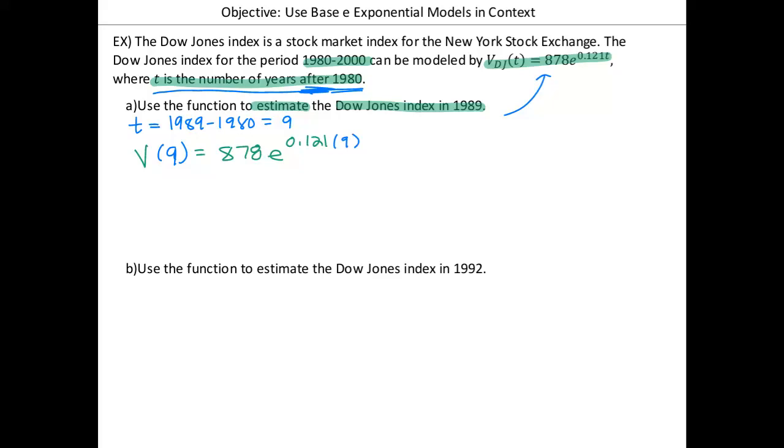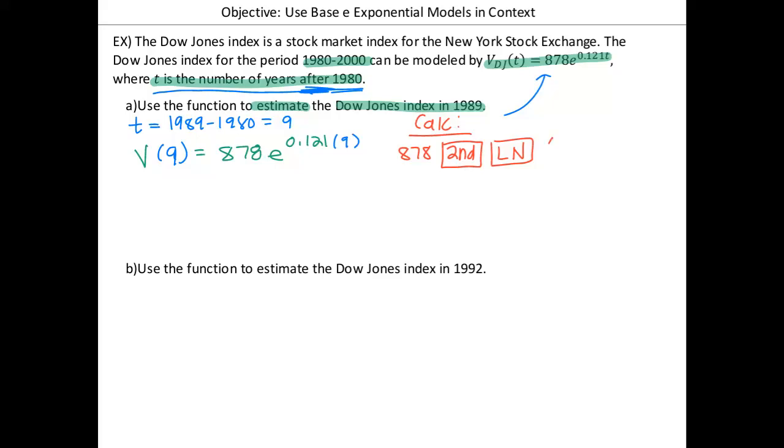So for today's lesson, basically it's just calculator work. I have to just figure out what's T, plug it in, use a calculator. So to type this in the calculator, you're going to put 878, and then to get to the E, E is right here above the ln. Do you guys see the E to the x power right there on the ln? So to get to it, you would do 878, then you click on second, and then ln, and that should give you the E to the power, and then it opens a parenthesis, correct?